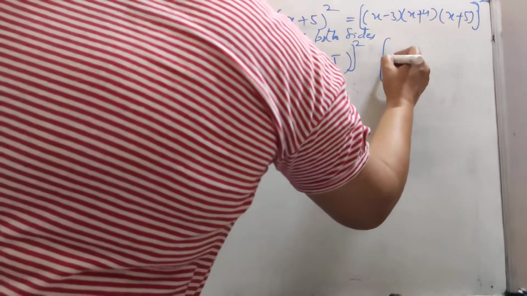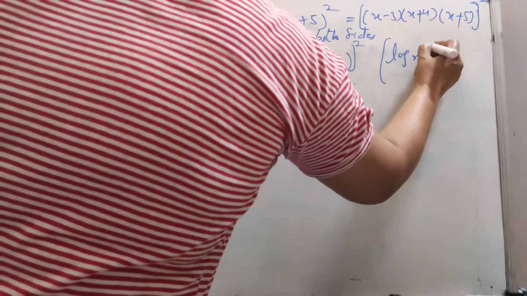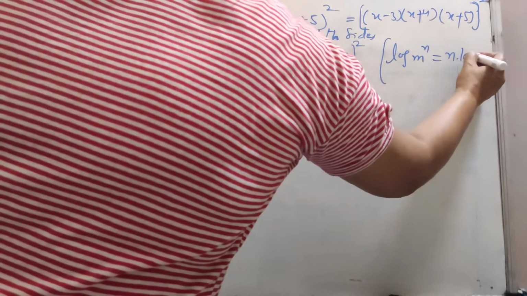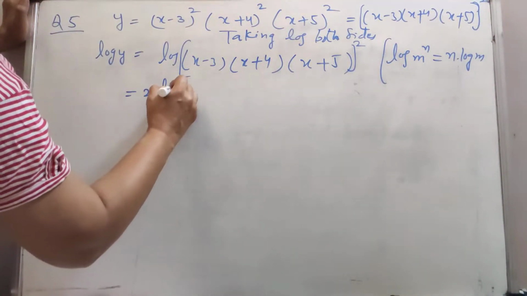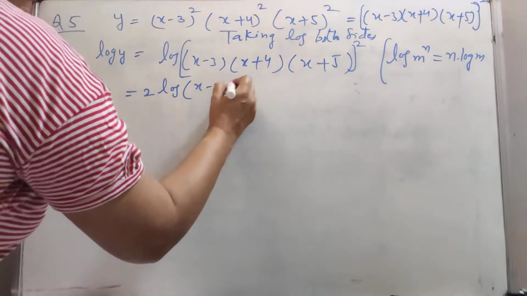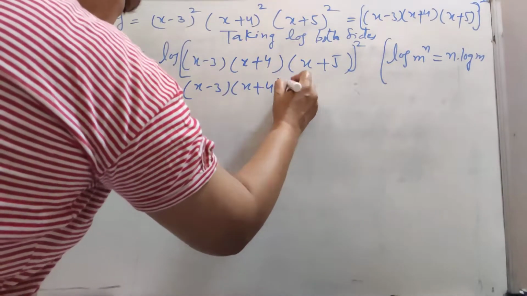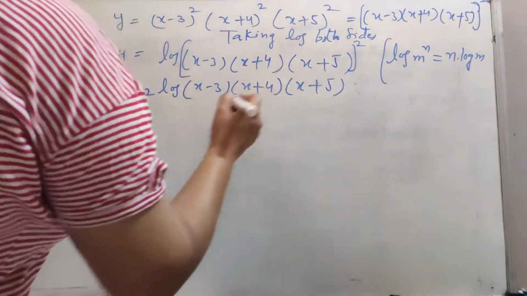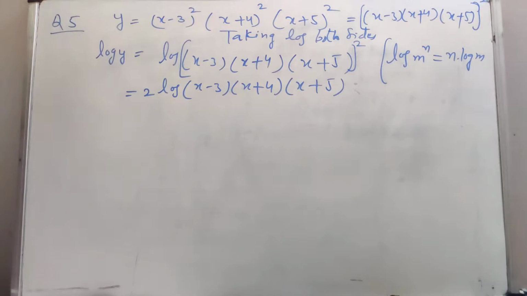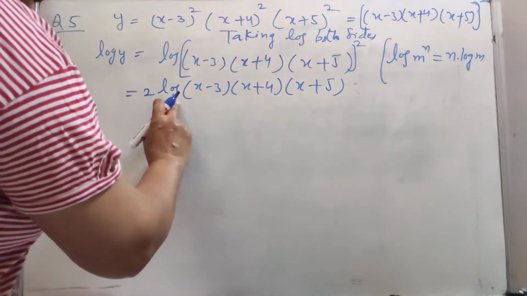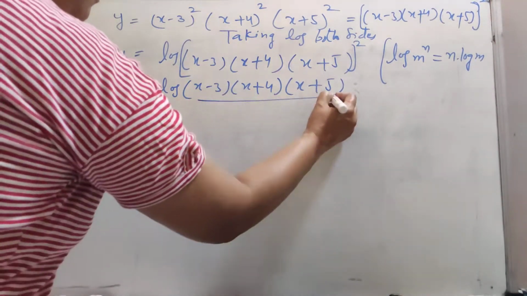So the rule of the logarithm is that log of m raised to power n is n into log of m. Apply here. So this will become 2 log of (x minus 3)(x plus 4)(x plus 5). See, either minus or plus, the answer will come the same. 2 log of this product.